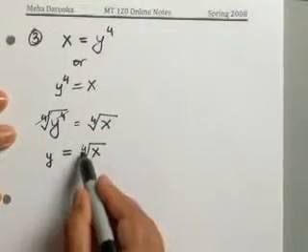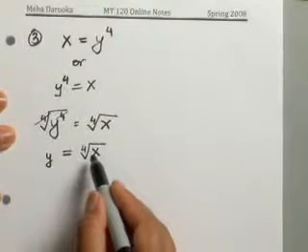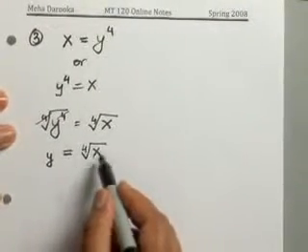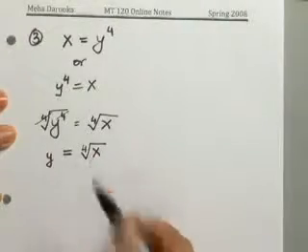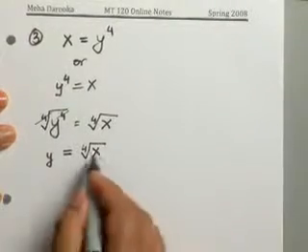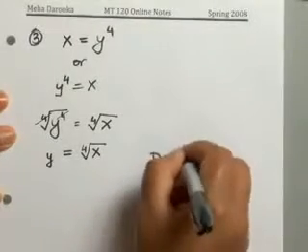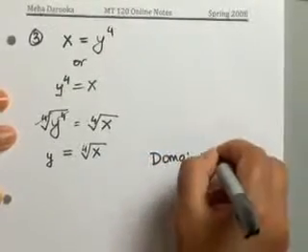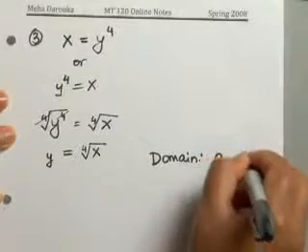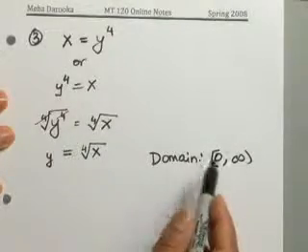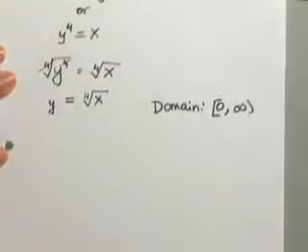As you can see, we have an even root here, and as we talked about earlier, even roots cannot have a negative value inside. So that tells me my domain will be a restricted domain, which has to be either 0 or positive numbers. So your domain will be 0 to infinity, including 0.